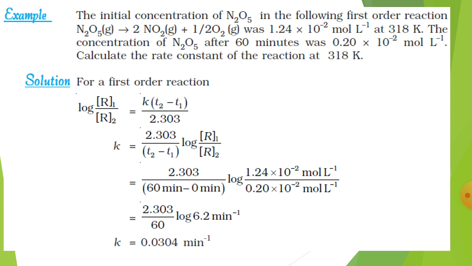After putting the values and solving this, we got the value of K equal to 0.0304 minute inverse. Here the value of log you can see from the log table. How can you see the value of log 6.2?